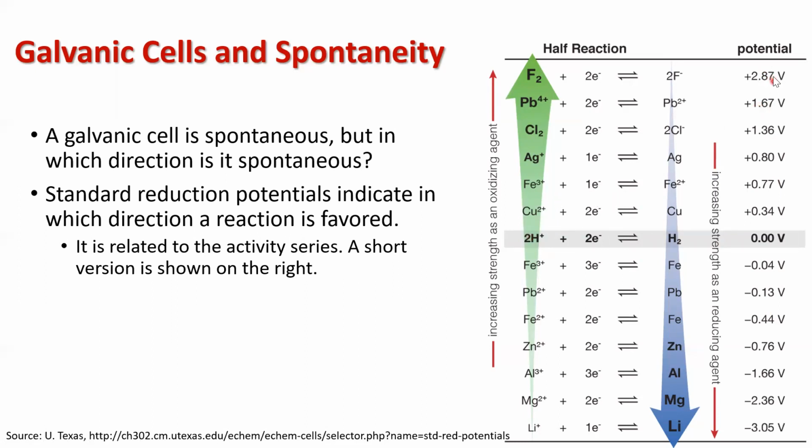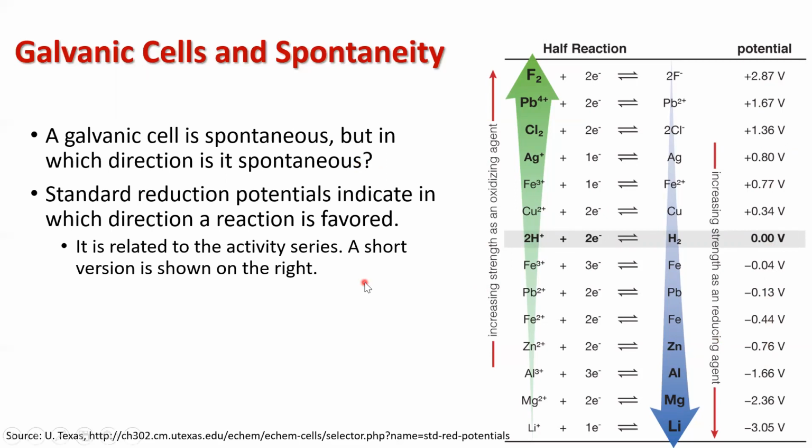The more positive the number is, the stronger the oxidizing agent, or the more likely it is to be reduced. The more negative the number is, the stronger the reducing agent, or the more likely it is to be oxidized.